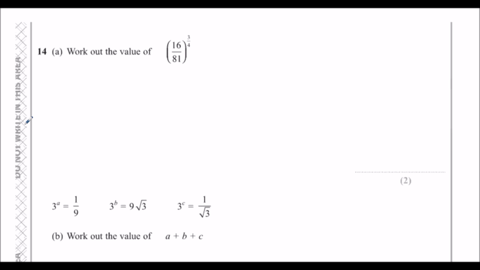Question 14. Work out the value of 16/81 to the power of 3/4. So we've got a fourth root and cube. So we need to do the fourth root and cube. We could cube first and then do the fourth root, but that would be a lot harder. So we'll do the fourth root first. And what times itself 4 times gives us 16?